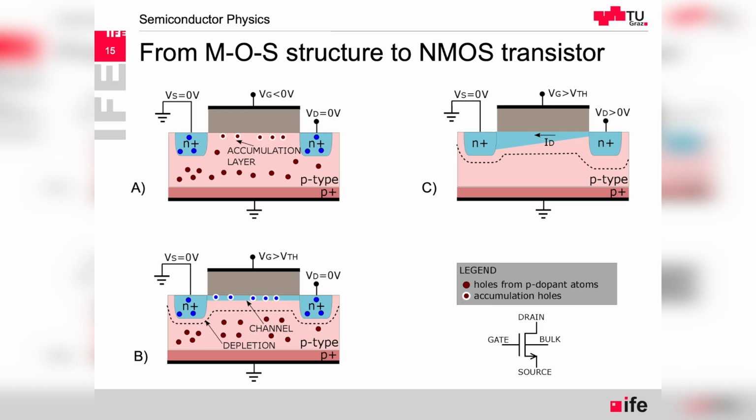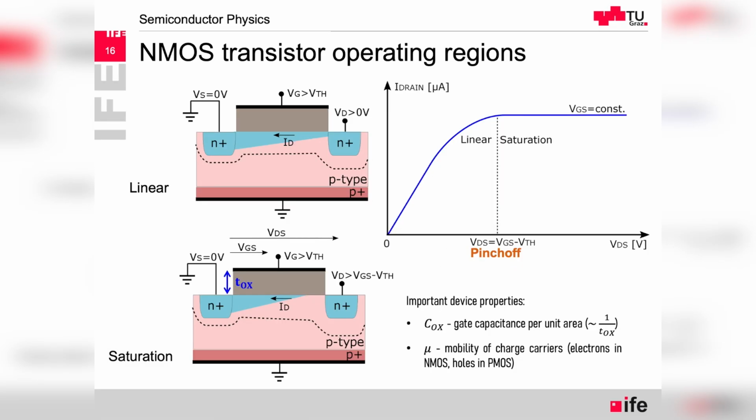But then we can imagine that as we increase the drain voltage, the difference between drain and gate is going to be smaller and smaller. And at some point, we can even increase the drain voltage above the gate. And that's where also interesting things are going to happen. So we will come to that soon. So this is the condition.